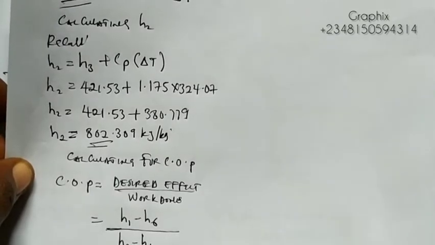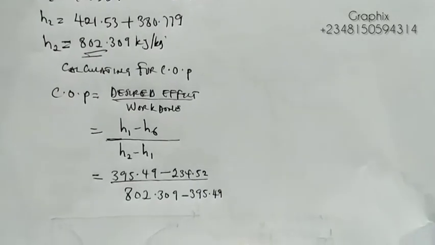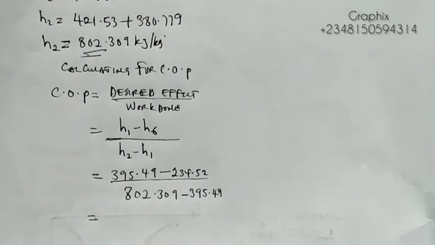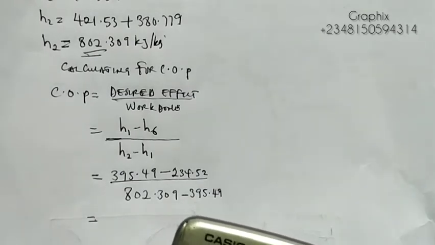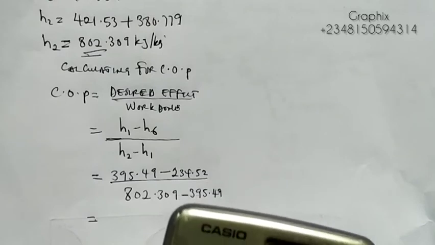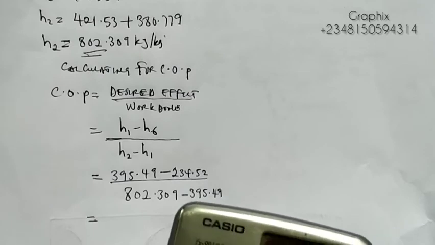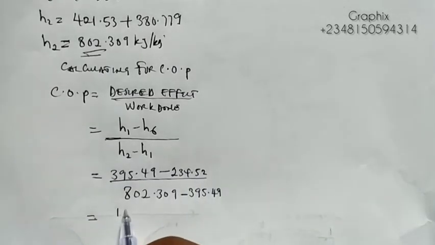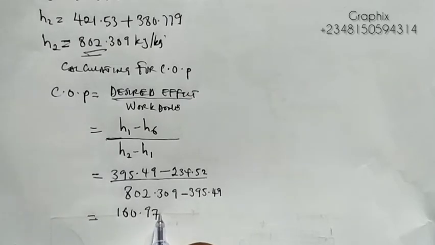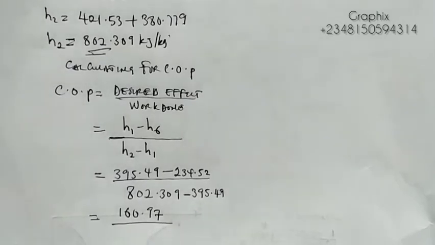So by the time you do that, we'll be having this. So 395.49 minus 234.52, and we have 160.97 all over 802.309 minus 395.49.